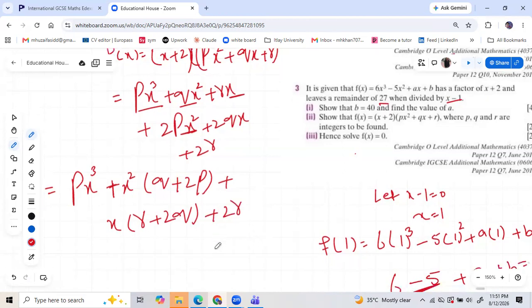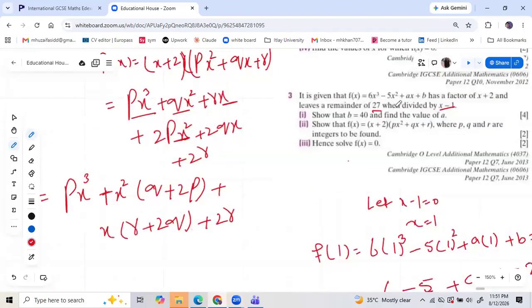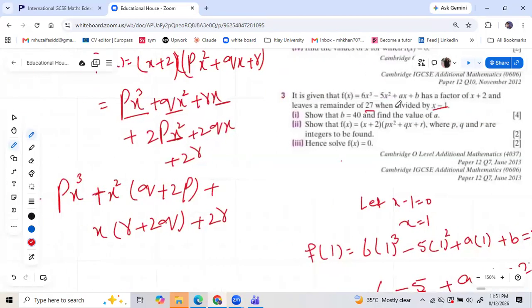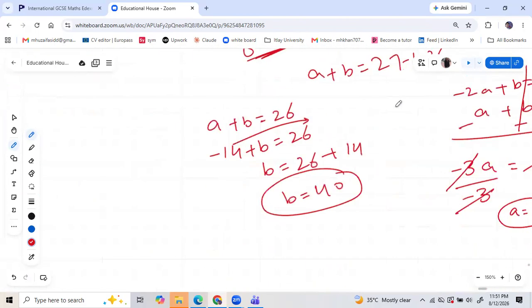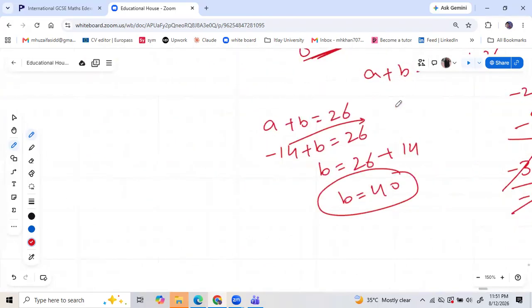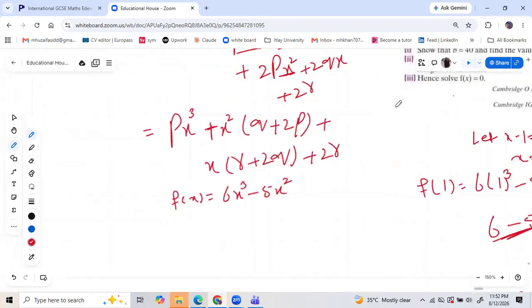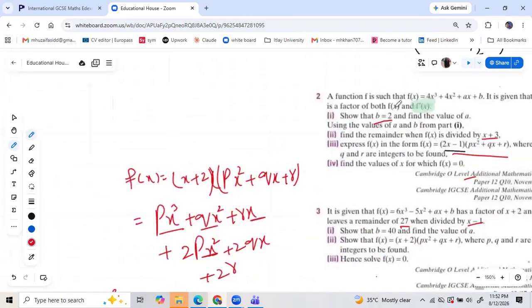Now we have the equation like this. Our equation is f of x is equal to 6x cubed minus 5x squared. And the a value we already found: a is equal to minus 14, so this is minus 14x, plus b.